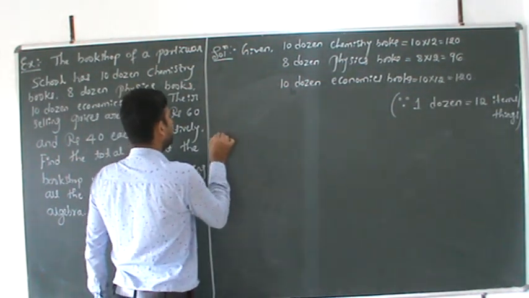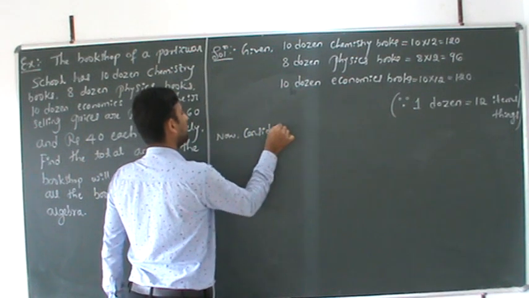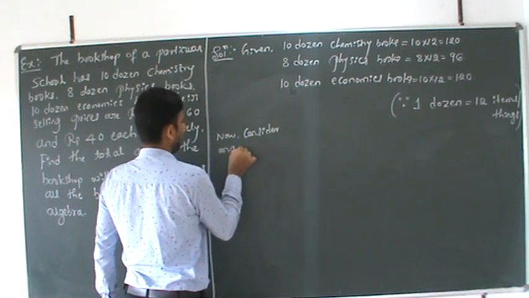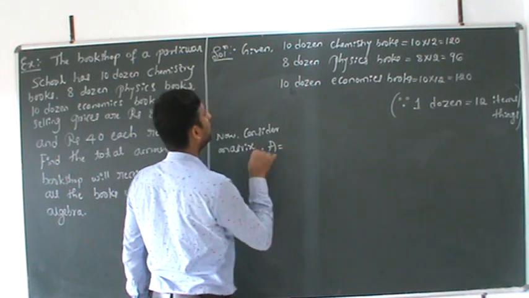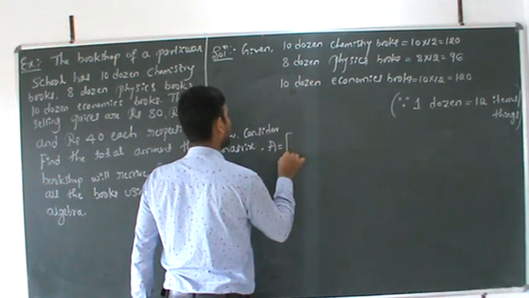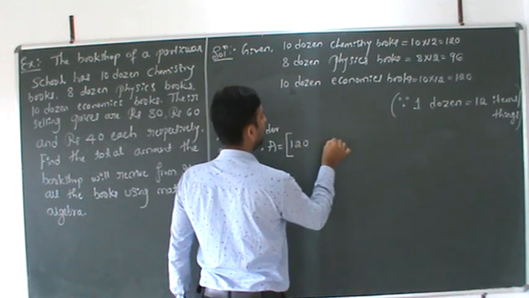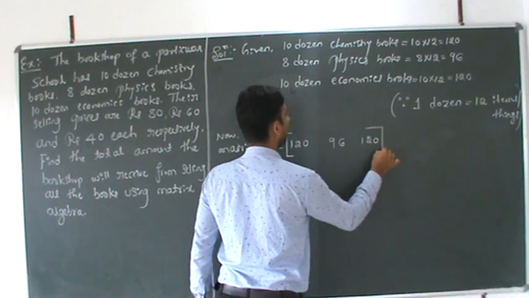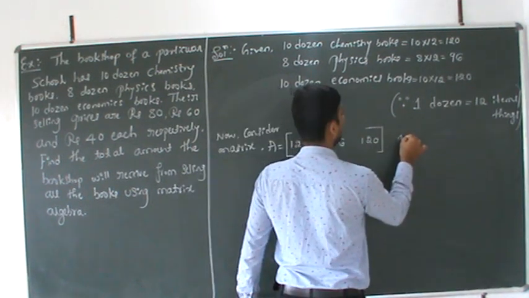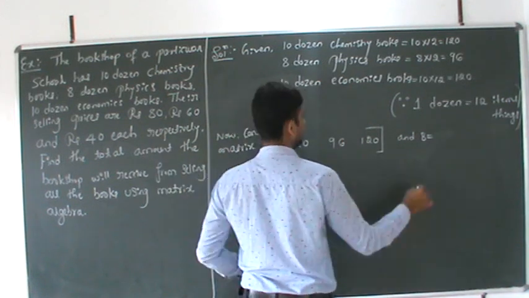Now consider matrix capital A is equal to 120, 96, 120 and matrix B is equal to prices.